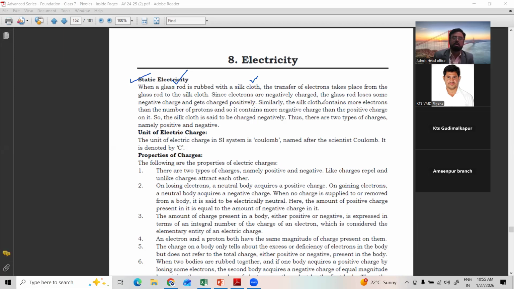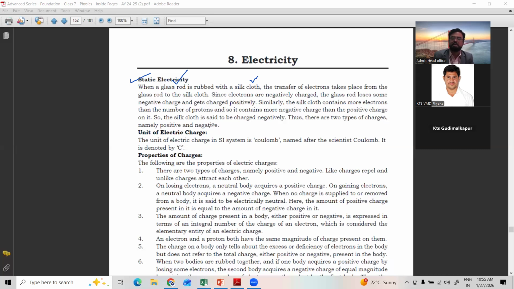Similarly, the silk cloth contains more electrons than protons, so it has more negative charge than positive charge. So the silk cloth is said to be charged negatively, and thus there are two types of charges, namely positive and negative.